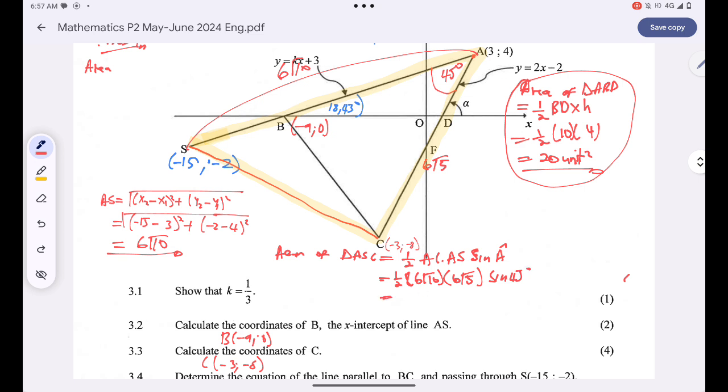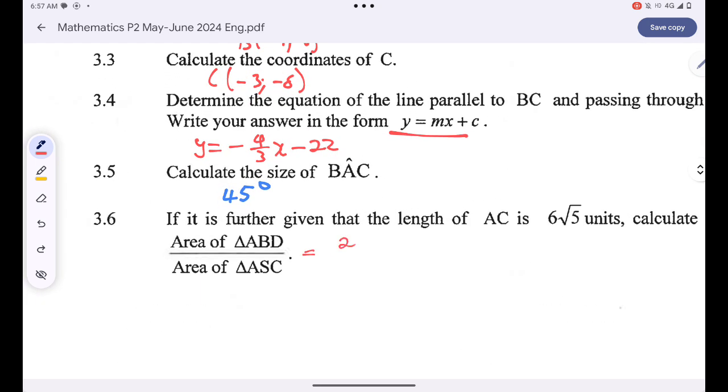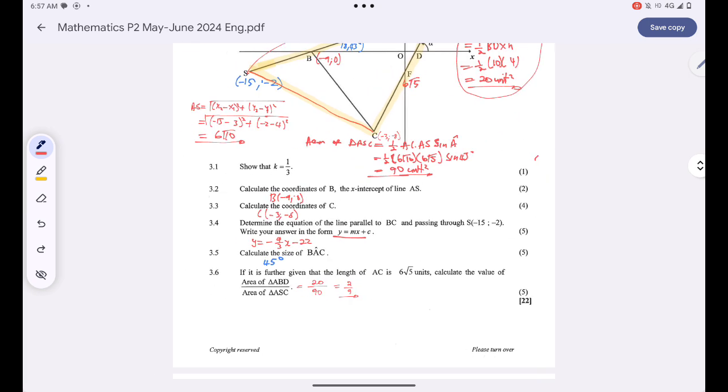So this will basically give me 90 units squared. Now I can simply find the ratio of these areas. I have 20 all over 90, which will just give me 2 over 9.